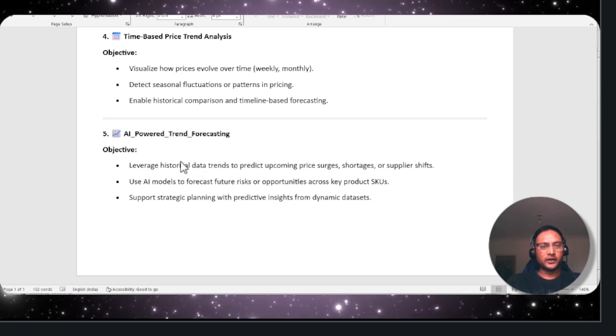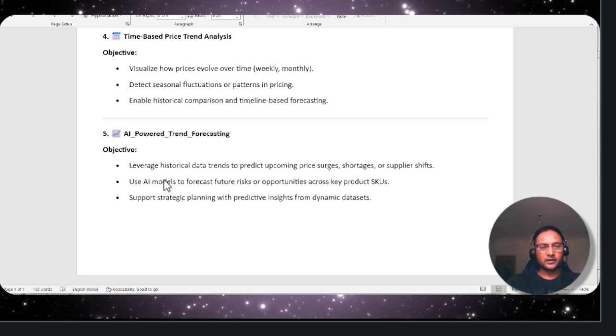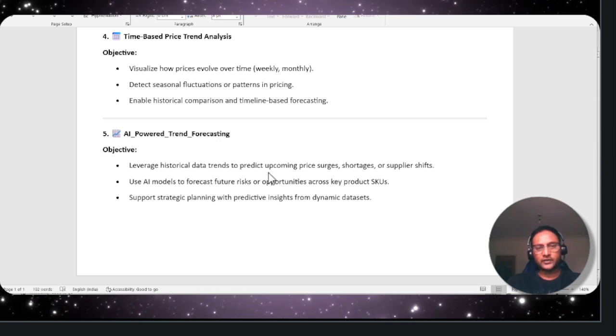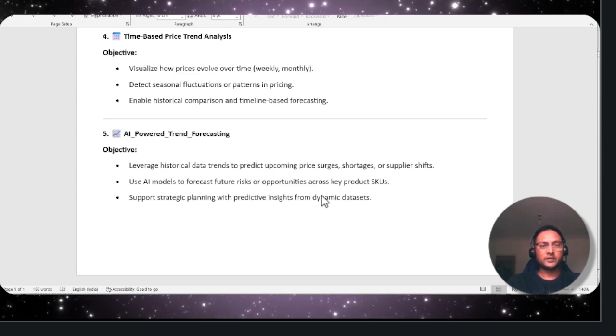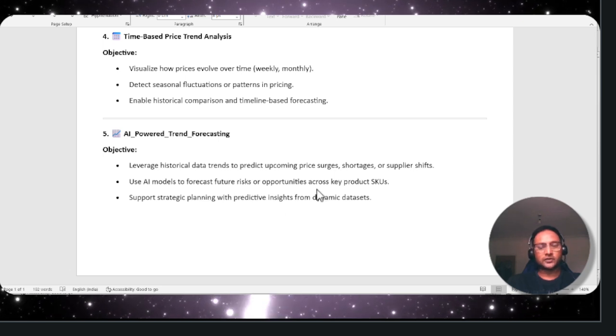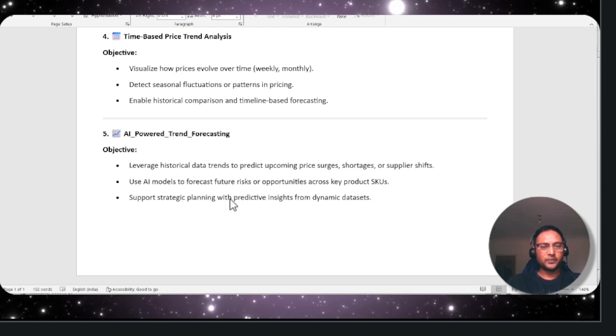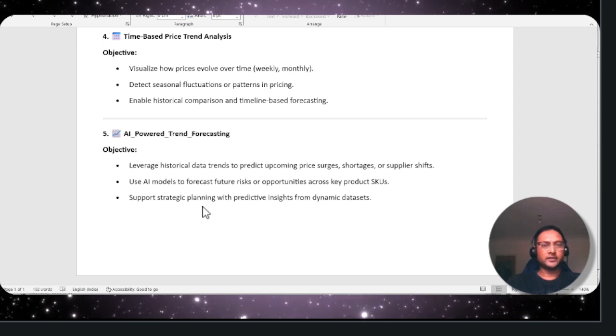Today we will discuss AI power trend forecasting, which leverages historical data trends to predict upcoming price surges, shortages, or supply shifts, and uses AI models to forecast future risks or opportunities across key product SKUs, and also supports strategic planning with predictive insights from dynamic data sets.